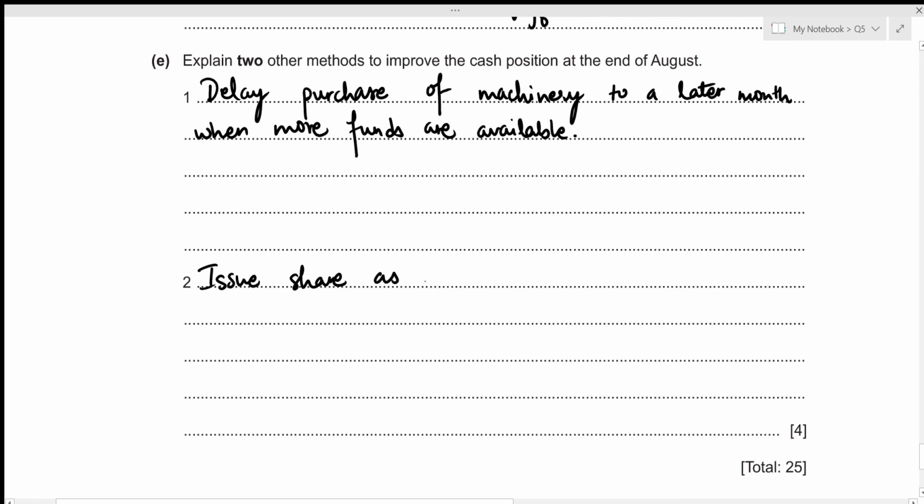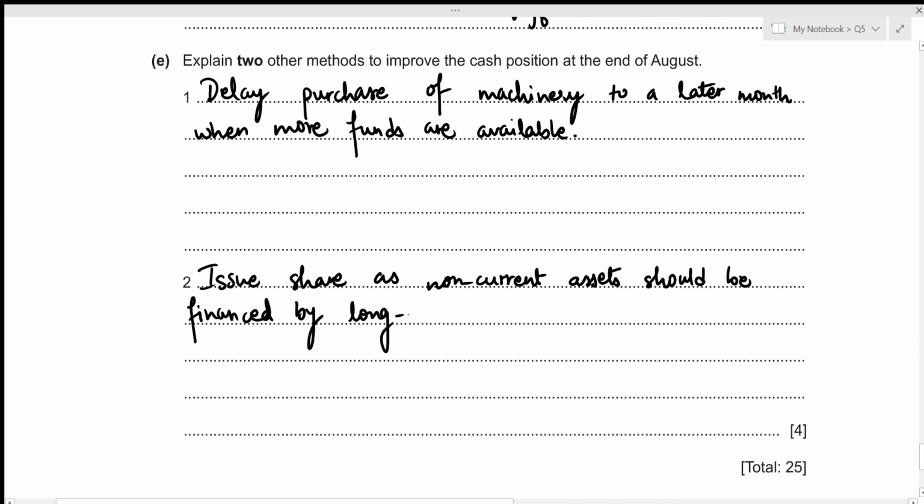As non-current assets should be financed by long-term funds. Okay, this concludes the fifth part of this question as well as this entire question.